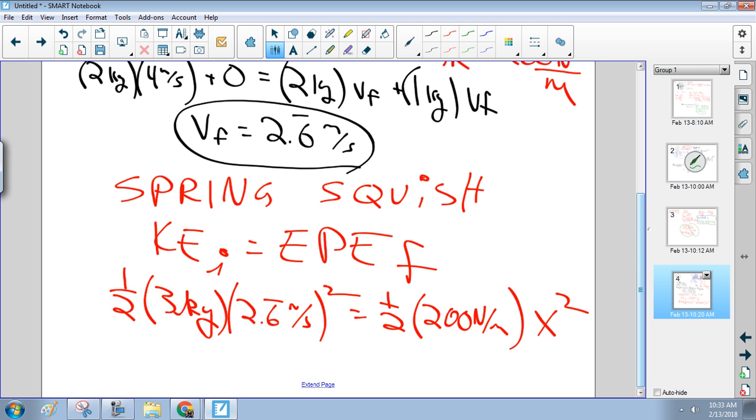Okay, so does this make sense? All right, so I guess I'm trying to get better about making sure you understand how you know which problem-solving strategy to use. Collision or explosion, you should go, oh, momentum. Something colliding with a spring, you should think, oh, it's got kinetic energy, but the spring converts that to elastic potential energy.